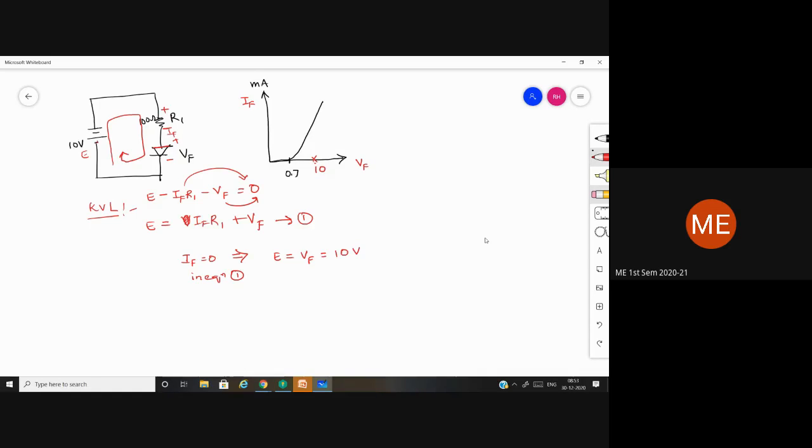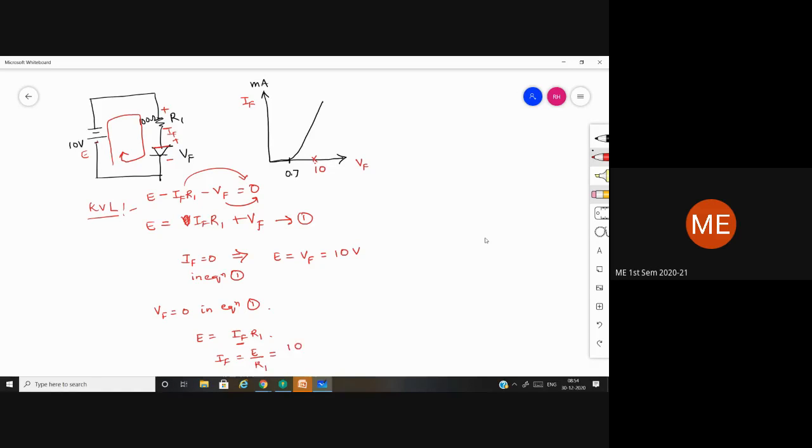Now I need to find the value for IF. To find it, I'll substitute VF equal to 0 in equation 1. Then E is equal to IF into R1, with VF left out. I want the equation for IF, so IF is equal to E by R1.